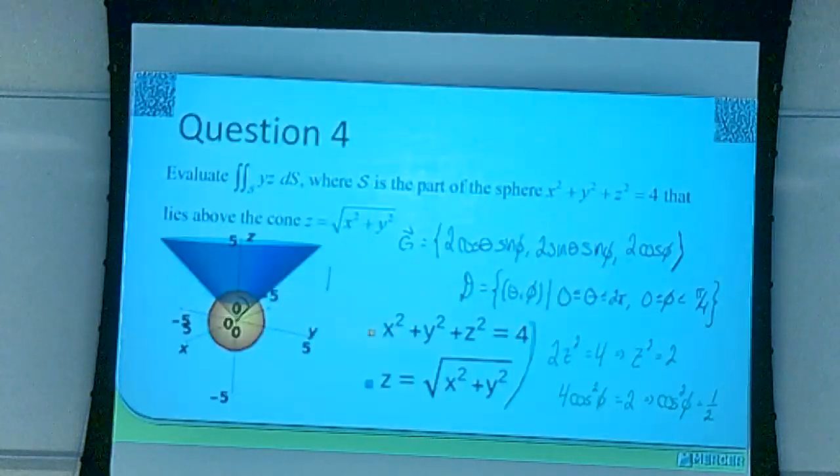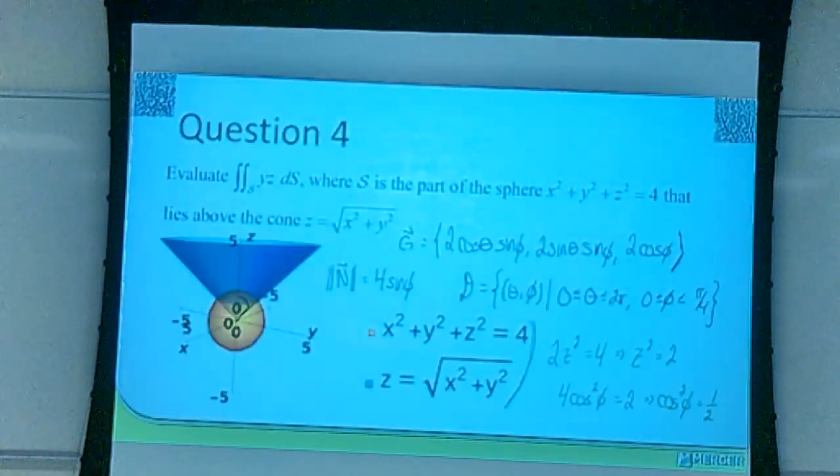I'll write the norm of the normal vector here. For a sphere, radius squared times sine phi, 4 sine phi. Well, it's xy, right?